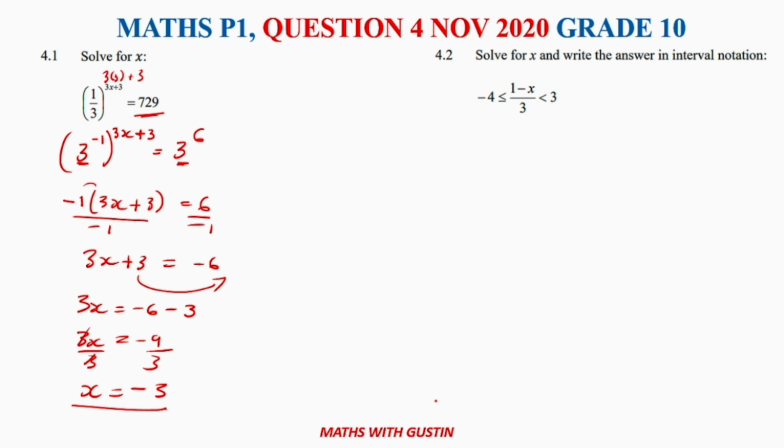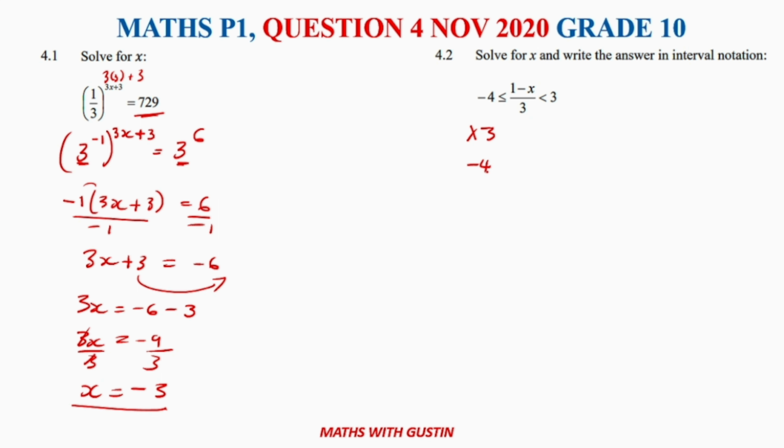Now let's move to 4.2. 4.2 says that we need to solve for x and write down your answer in interval notation. Great stuff. We see we've got a fraction here. We need to get rid of this fraction. Therefore, we would multiply everything by 3 because our denominator here is 3.